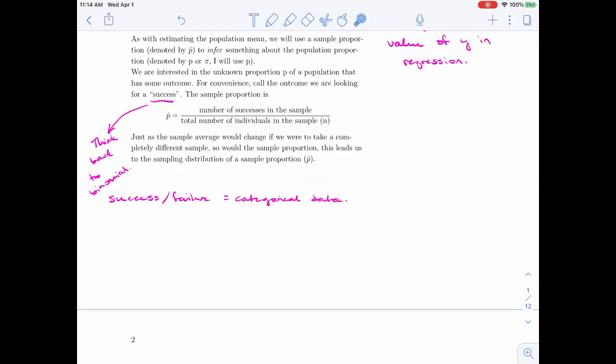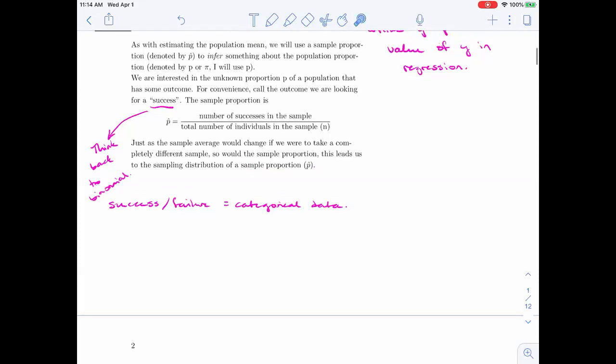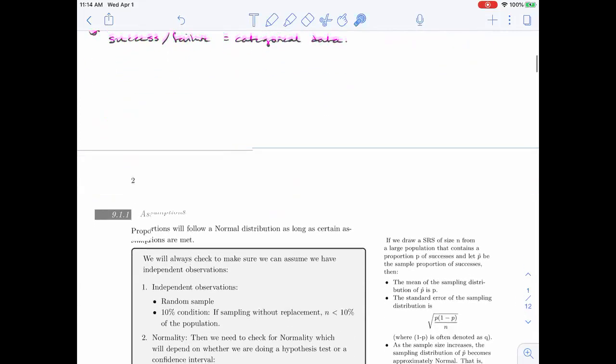If we released our sample and collected another sample of dentists and asked them if they would recommend Crest or Sensodyne, then we would get a slightly different sample proportion. And so the idea here is that we get a sampling distribution of a sample proportion.